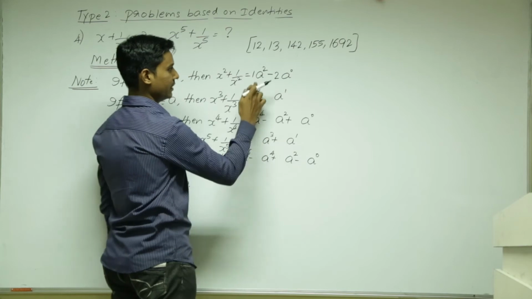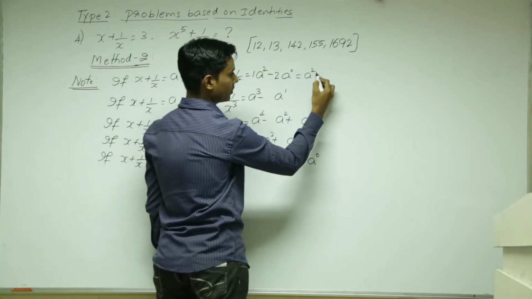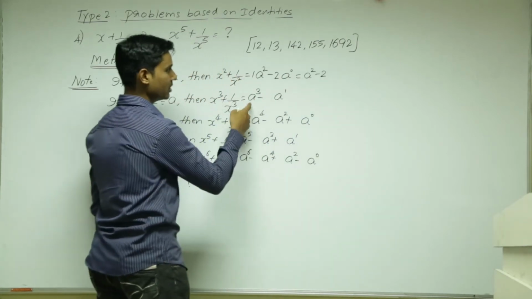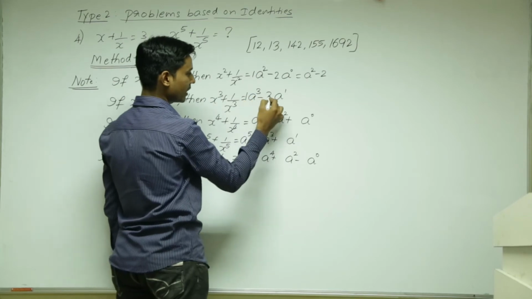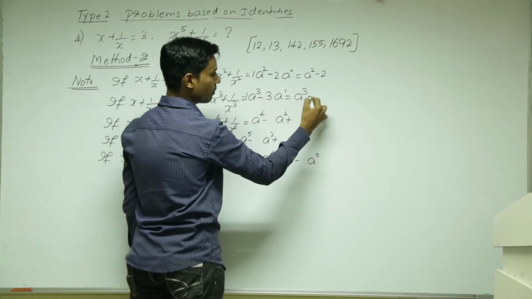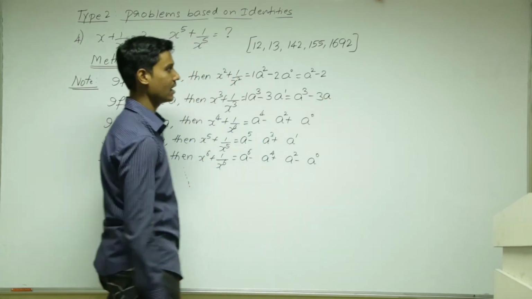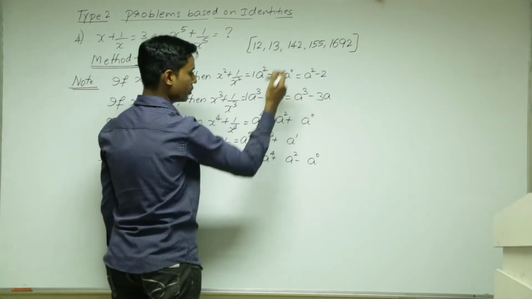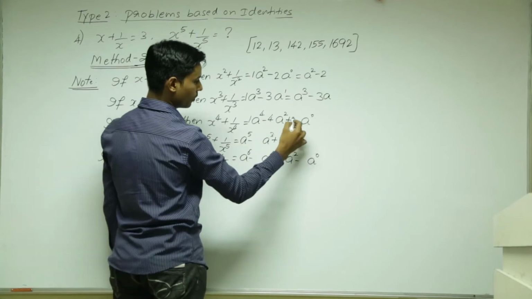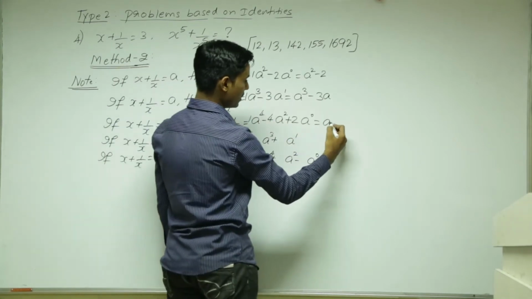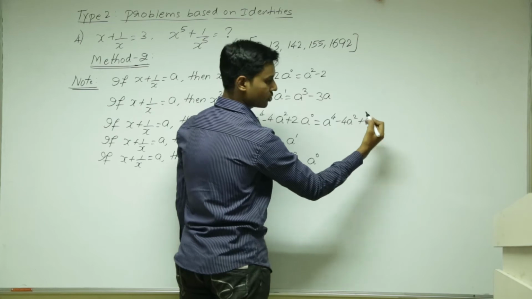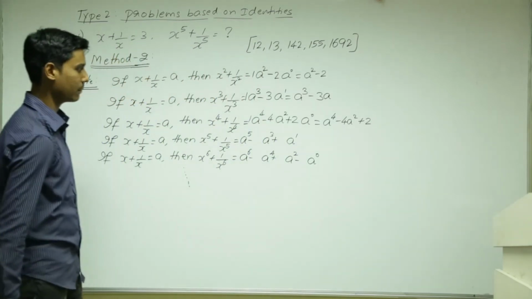That means this is a square minus 2. 1, 3 means first term is 1, second term is 3. This is a cube minus 3a. Third one is 1, 4, 2. That means this is a power 4 minus 4a square plus 2.